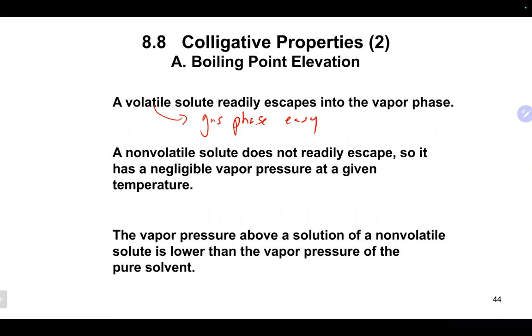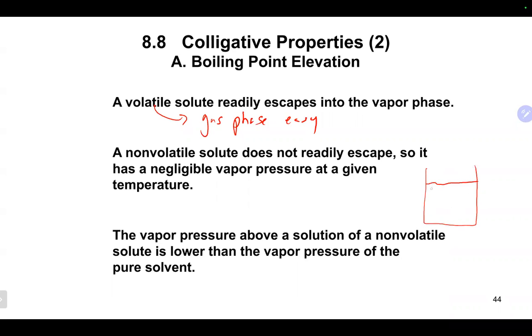They can go into the gas phase really easily. A non-volatile solute does not readily escape, so it has a negligible vapor pressure at a given temperature. The vapor pressure above the solution of a non-volatile solute is lower than the vapor pressure of the pure solvent. That's what we call vapor pressure lowering.